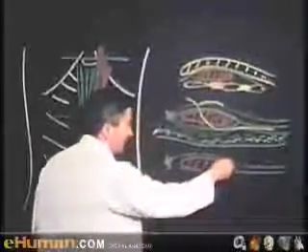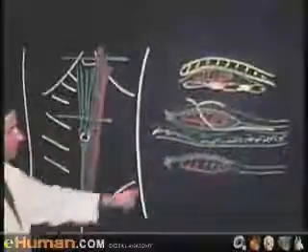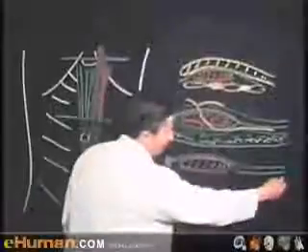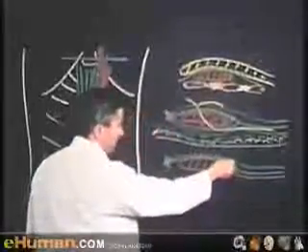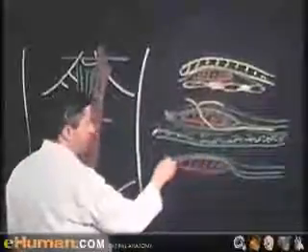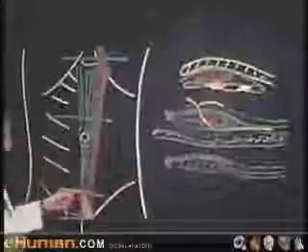It ceases to split, and it passes in front of the rectus abdominis and fuses with the linea alba. We bring the aponeurosis of the transverse abdominis, and this passes in front and fuses. So that the rectus sheath, the anterior wall, is thickened in this region.